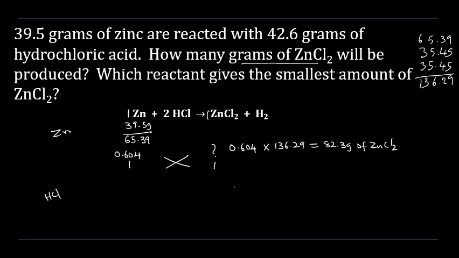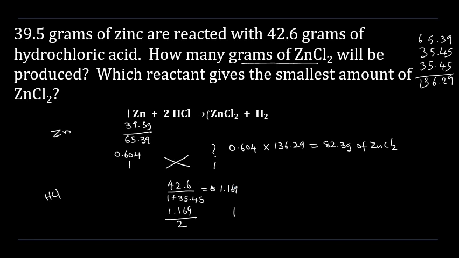And then I have the information for HCl. Under HCl I will write 42.6 grams divided by 1 plus 35.45. To convert it into moles, I will get 1.169 moles of HCl. Now according to the equation, I have 2 moles of HCl and 1 mole of ZnCl2.